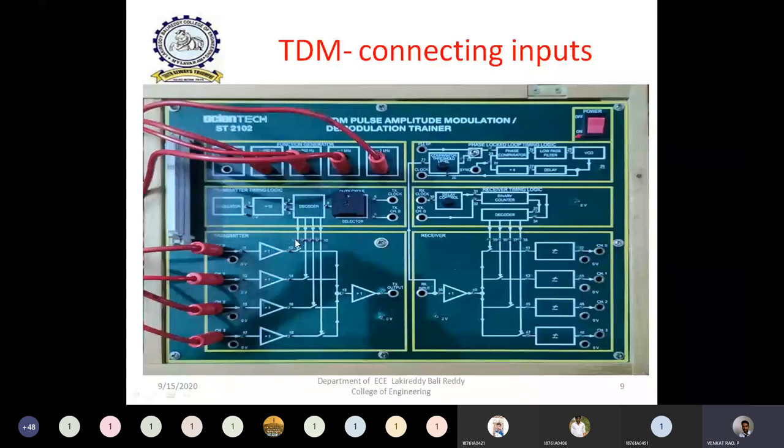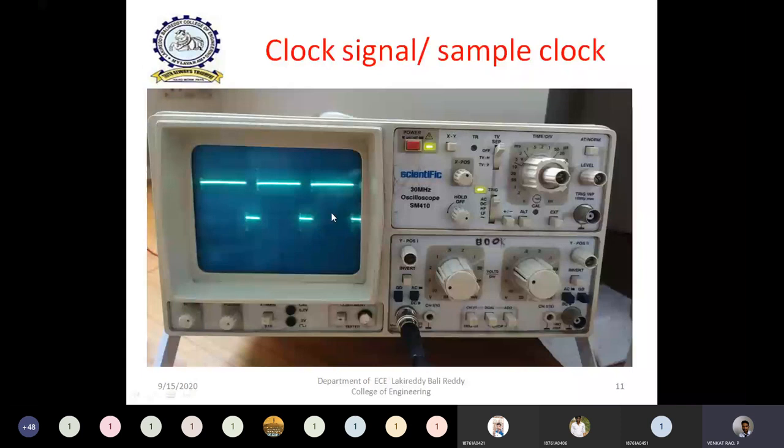Similarly, there is a duty cycle selector here. If you change this knob, the duty cycle of the clock pulse can also be changed. That means the on time period and off time period can be adjusted. This clock signal is called the general clock signal or the sample clock. For example, if you want to calculate the sampling time period, that is TS, it must be calculated based on this sampling clock only.